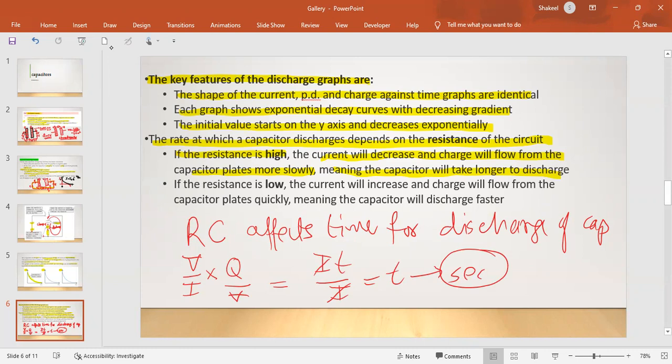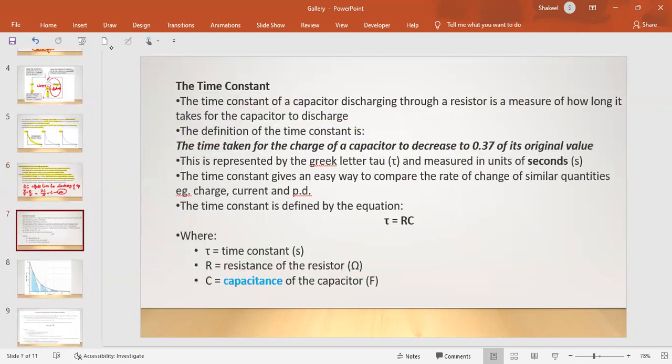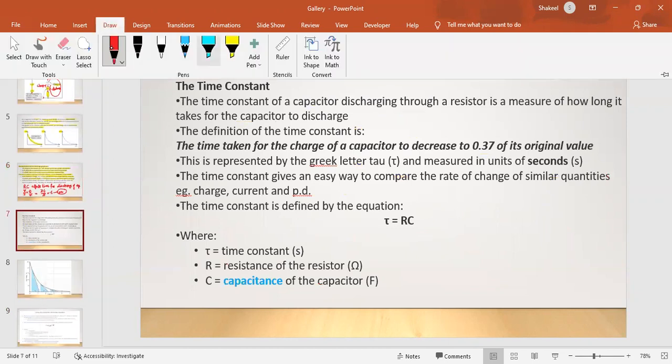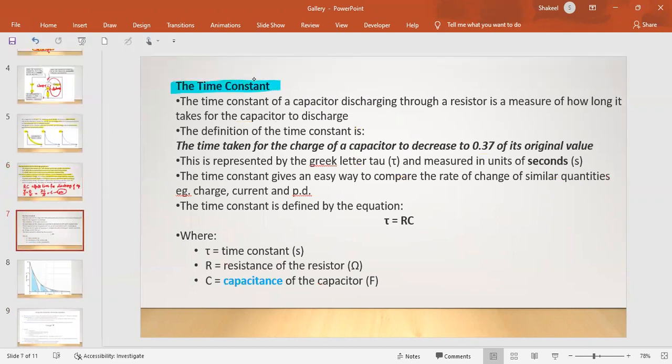Okay, let's move to the next, the time constant. I've already told you, so let's just go through it. Its definition is a little different. It's not the time taken by the capacitor to fully discharge.